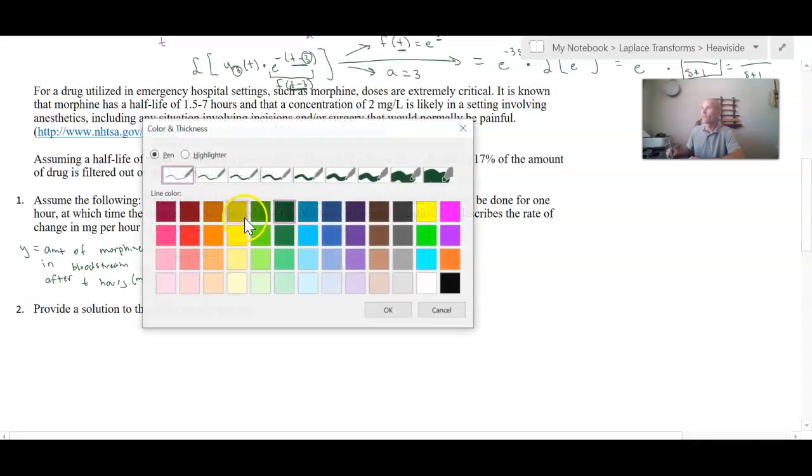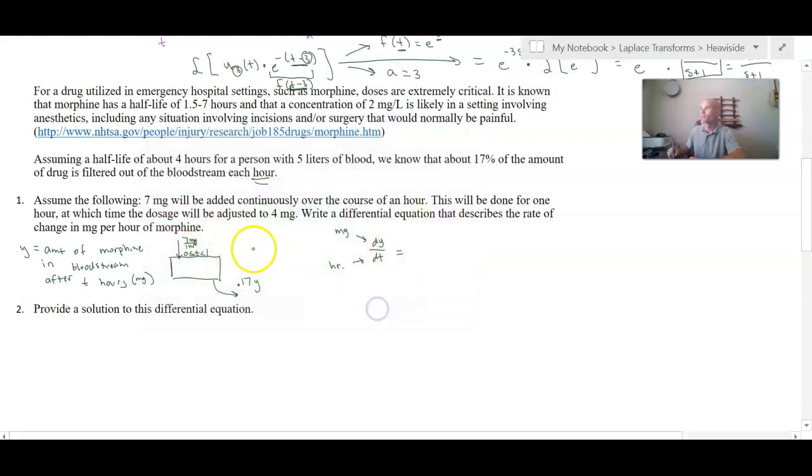Okay, so I'll draw another arrow coming in. I'll use a different color here to distinguish them. There will be 4 milligrams per 1 hour coming in, but that will be for time greater than or equal to 1, up until we stop doing it altogether.